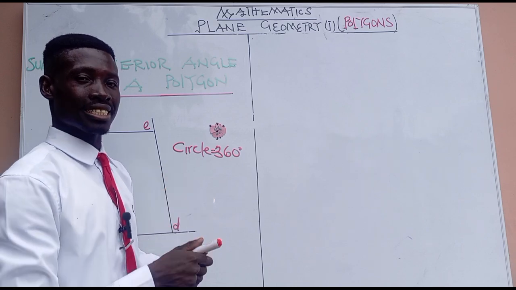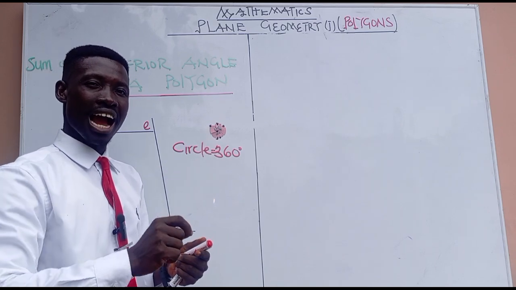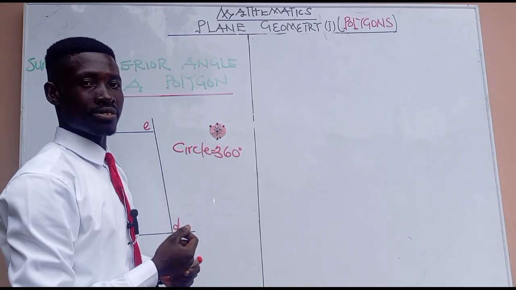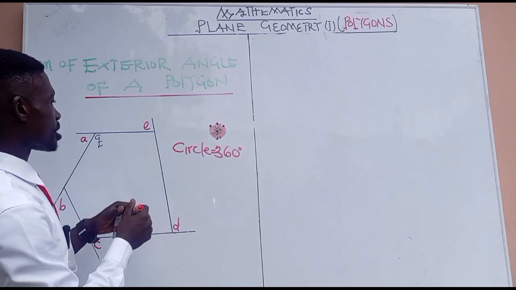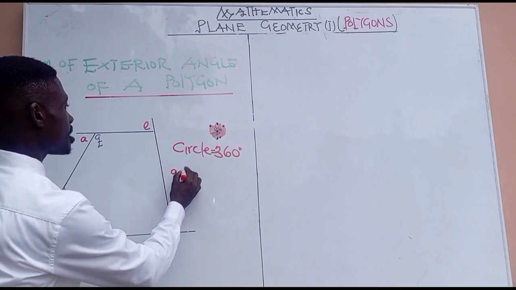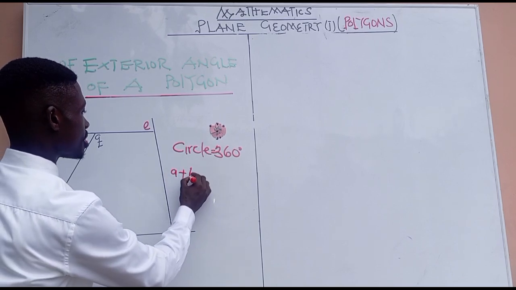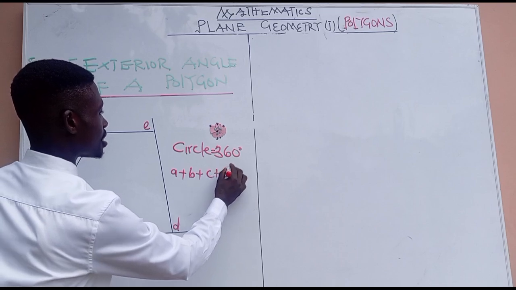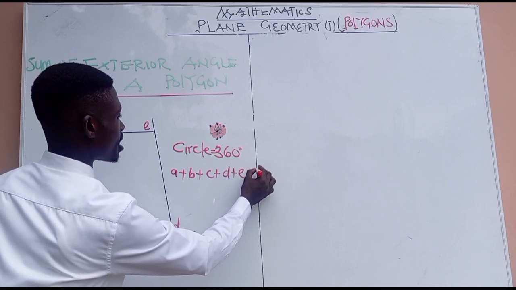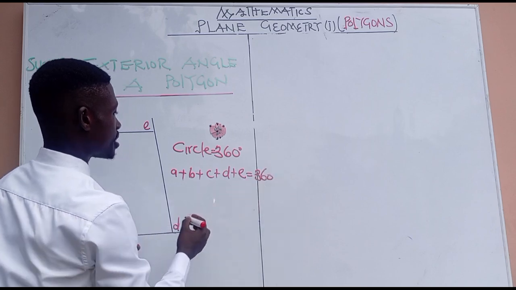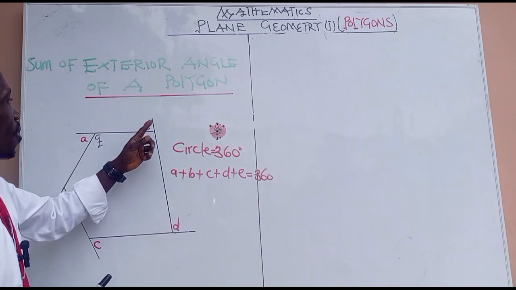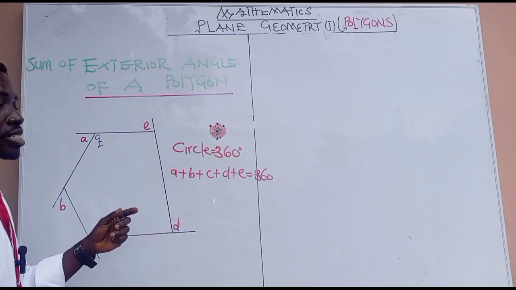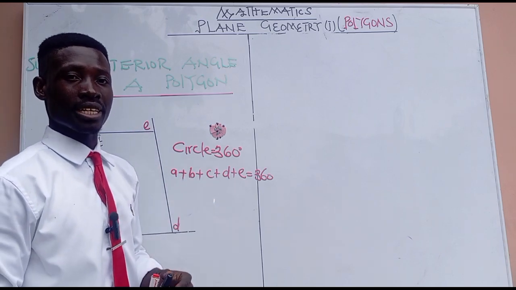Therefore, we can say that the sum of exterior angles of all polygons is equal to what? 360 degrees. This means that when we sum angle A plus angle B plus angle C plus angle D plus angle E, it should give us what? 360 degrees. So it means that all the exterior angles sum up to what? 360 degrees.